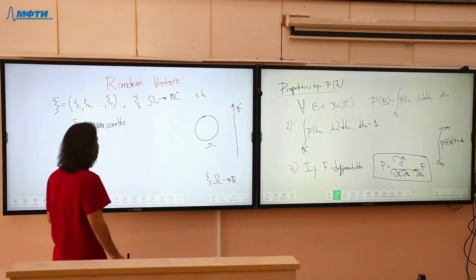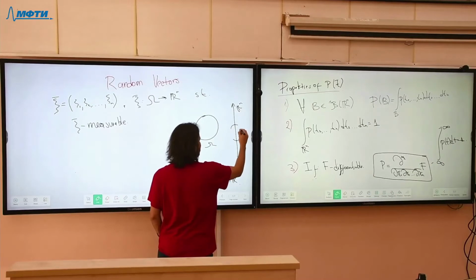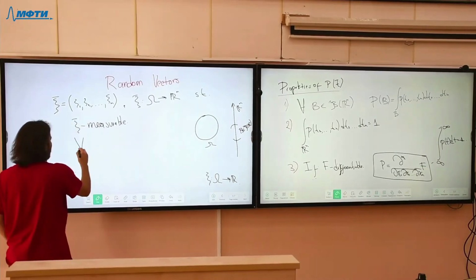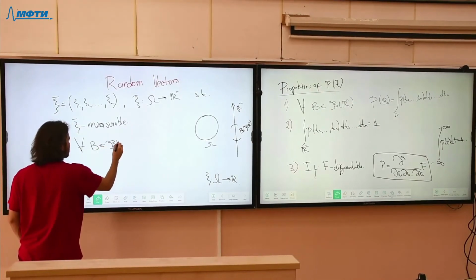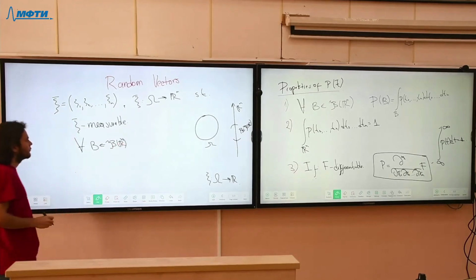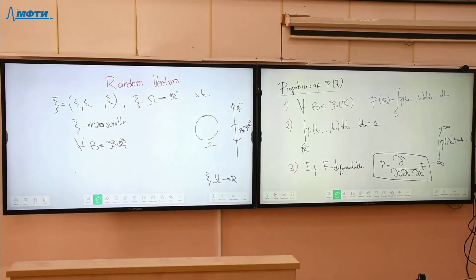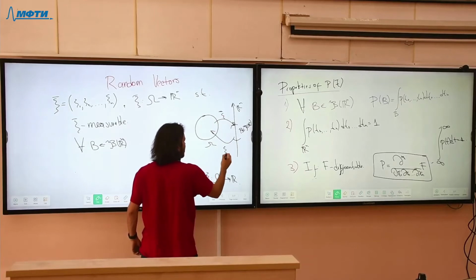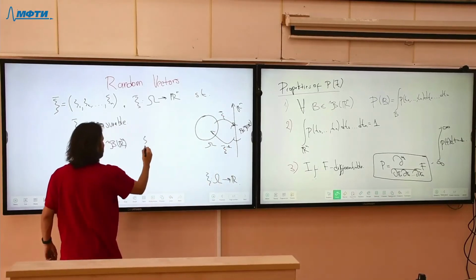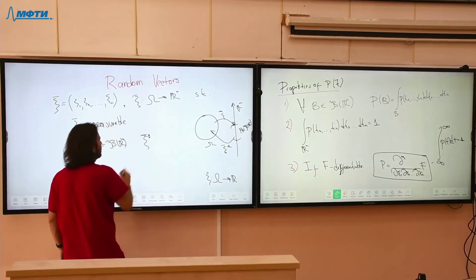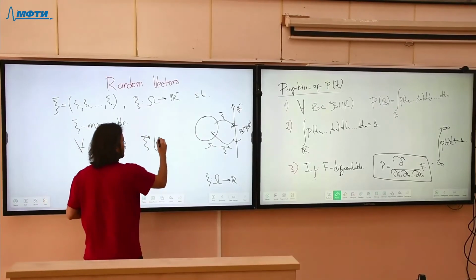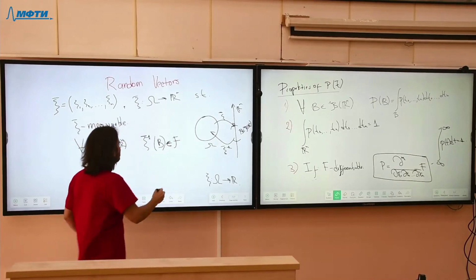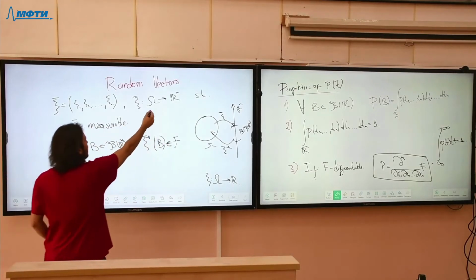We have to make sure that for every Borel set on the space, if this is psi, then the preimage of this Borel set is an element of F, where F is the sigma algebra on this set omega.